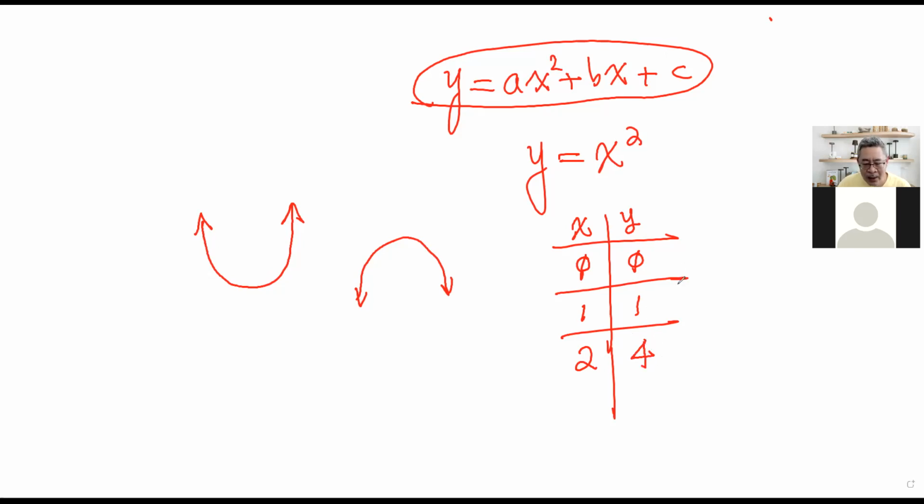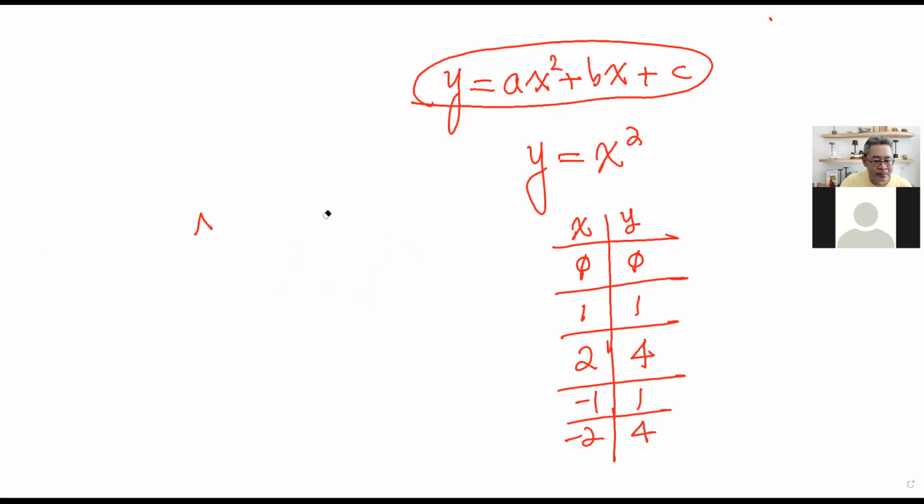We can also look at the negative side. -1 will give 1, -2 will also give 4. So if you graph this, this is one point.